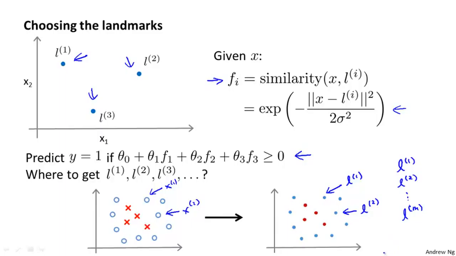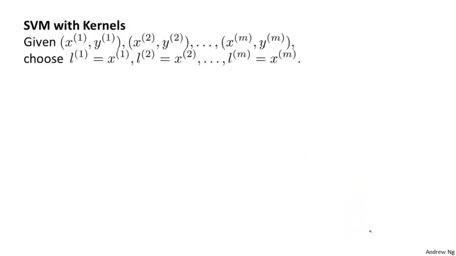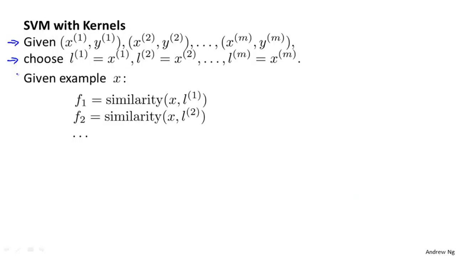And this is nice because it's saying that my features are basically going to measure how close an example is to one of the things I saw in my training set. So just to write this out a little more concretely, given m training examples, I'm going to choose the location of my landmarks to be exactly the locations of my m training examples.